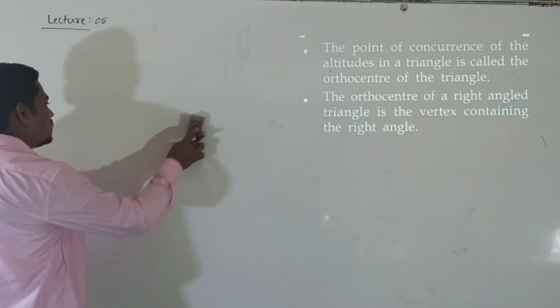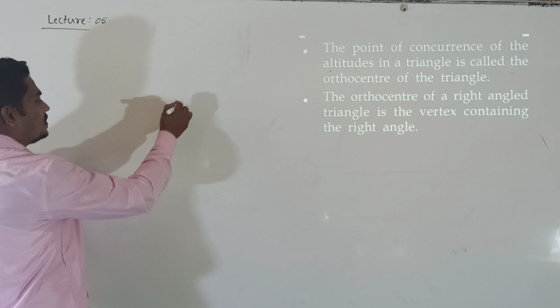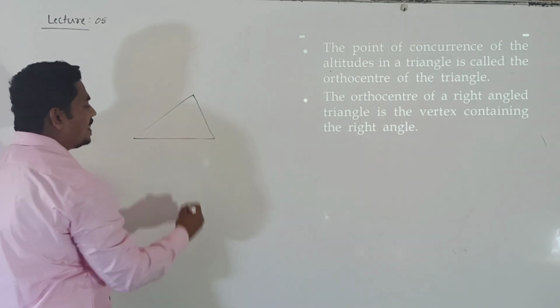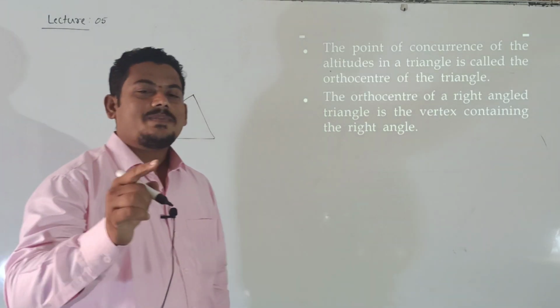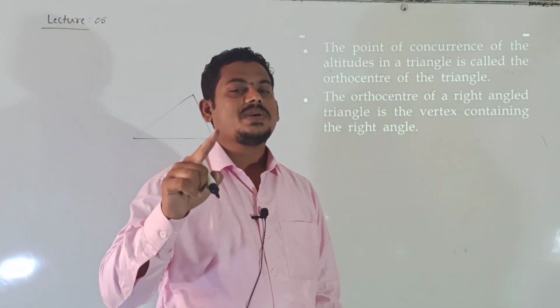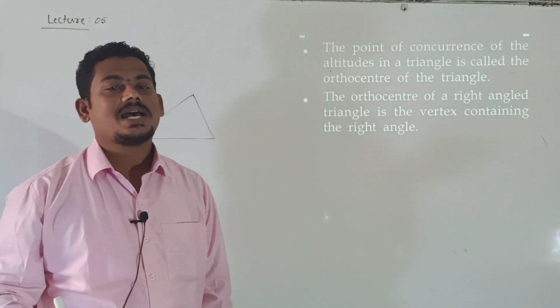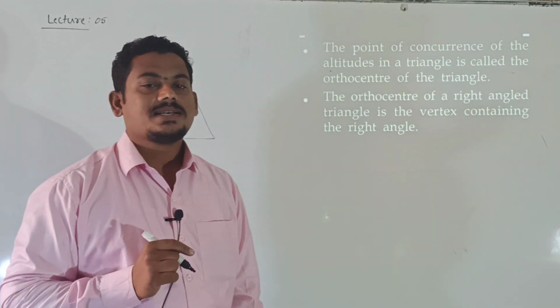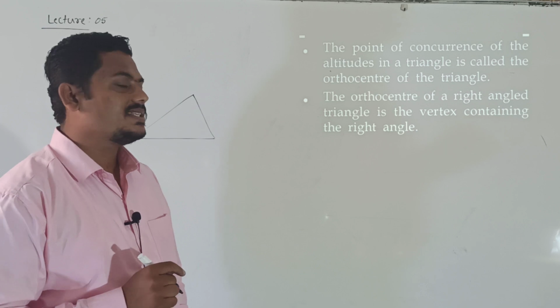What is the orthocenter of the triangle? Already you know the definition of centroid, right? What is the definition of centroid? Centroid means the point of intersection of medians. The point of intersection of medians is known as centroid and it is denoted with G.